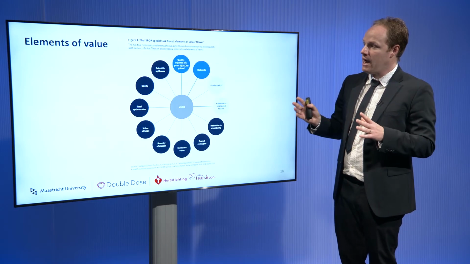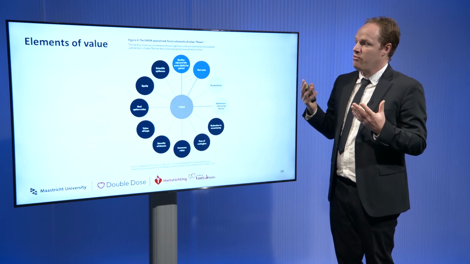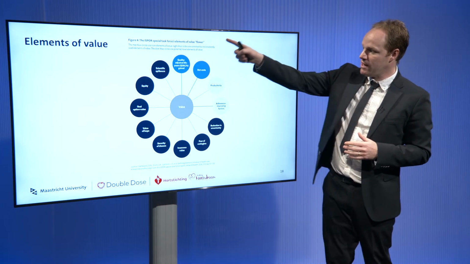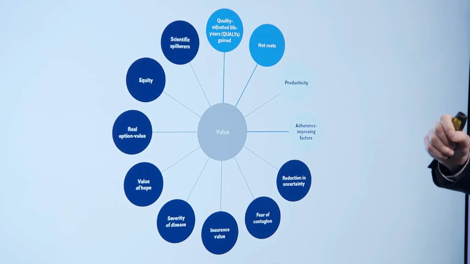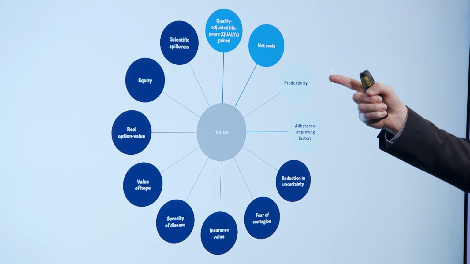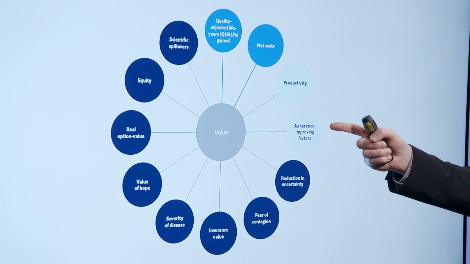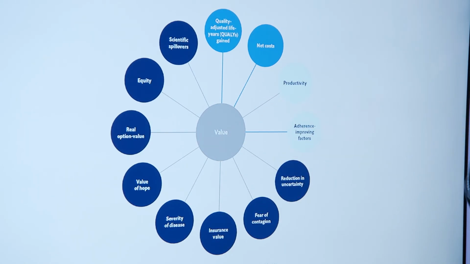And on the next slide, you just see one example of the elements of value from a framework of the ISPOR society. And you see that we have the quality and the cost, part of the cost-effectiveness, but there are other criteria, the more societal perspective with the productivity, adherence-improving factors as well, and then some other criteria that could be important.